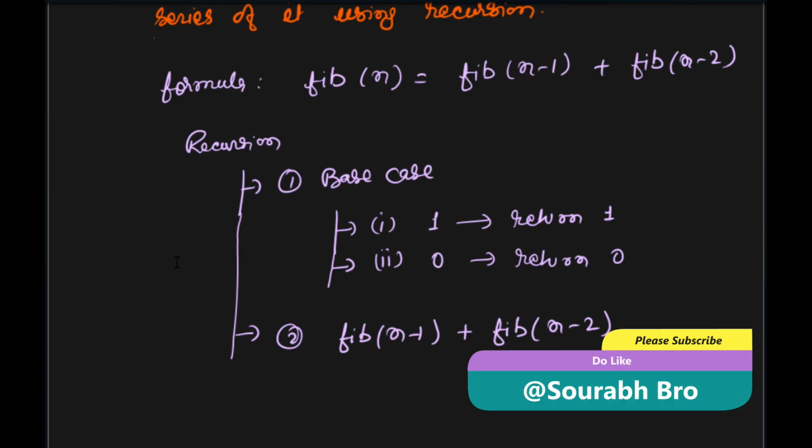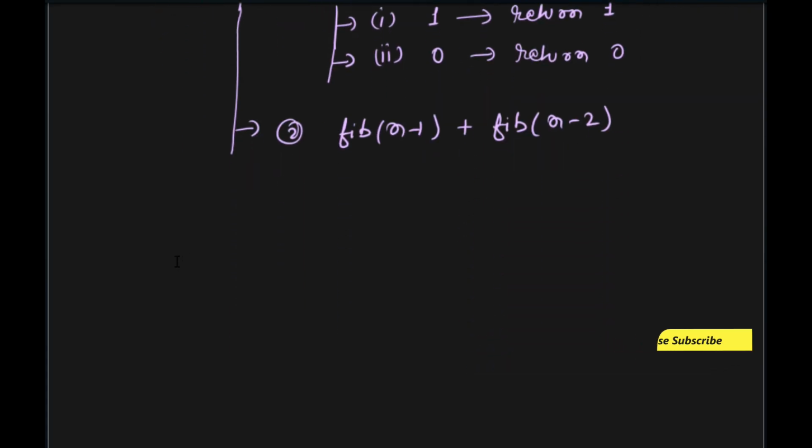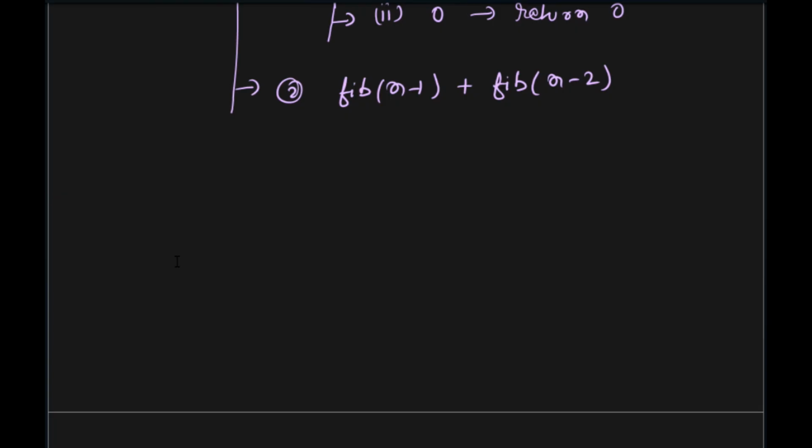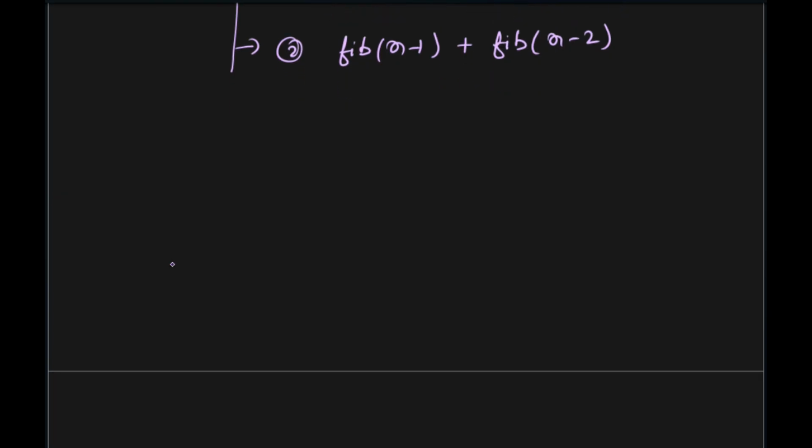So let's check with some input and find out Fibonacci of that. So let's find Fibonacci of 5. So as we said, Fibonacci of n is equal to Fibonacci of n minus 1.